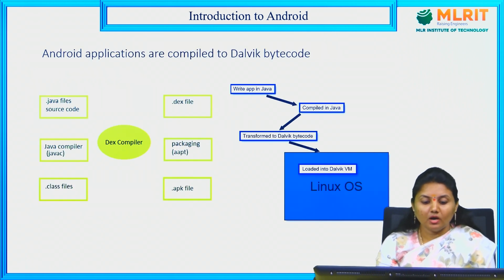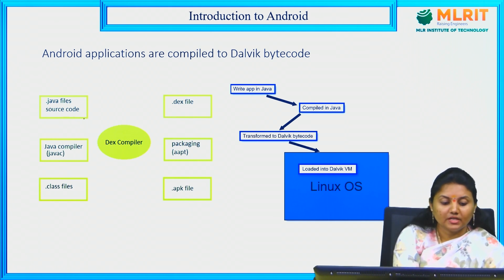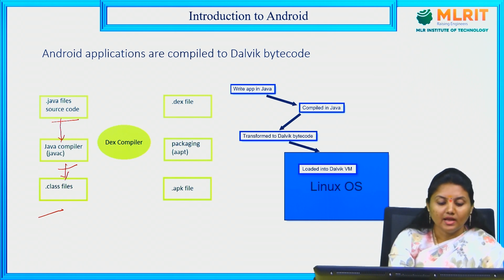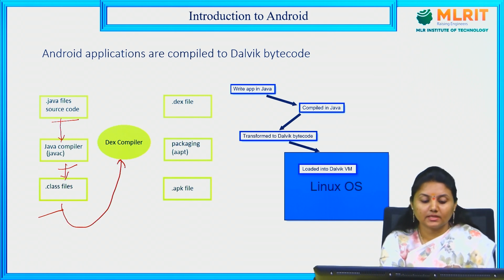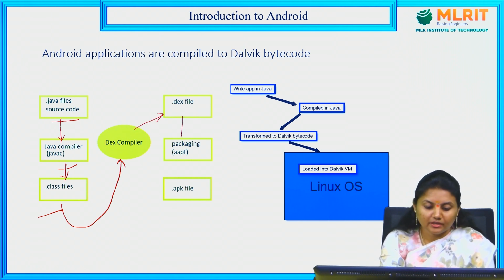So how is a DEX file or DVM generating it? The .java files are the source code you will have. The compiler compiles the Java source file and you get a .class file finally. This .class file will be given to your dx compiler. It will generate the .dex file. And with the .dex file, finally we get an APK file.